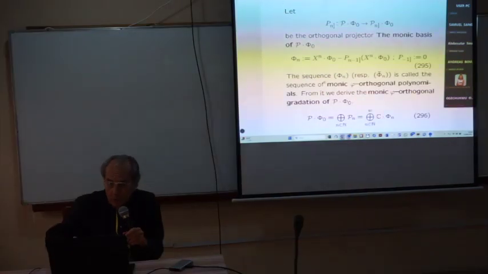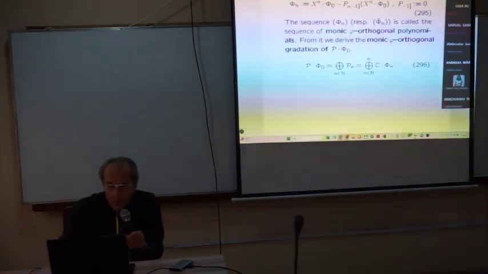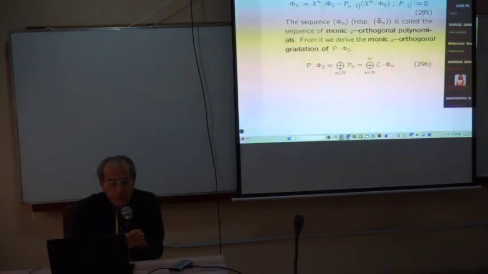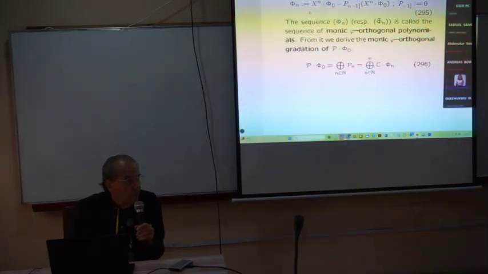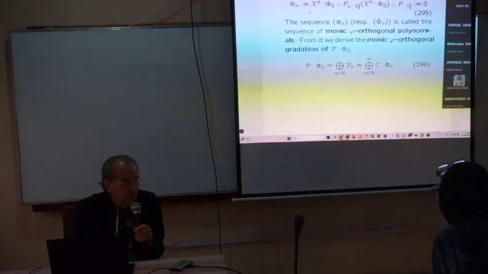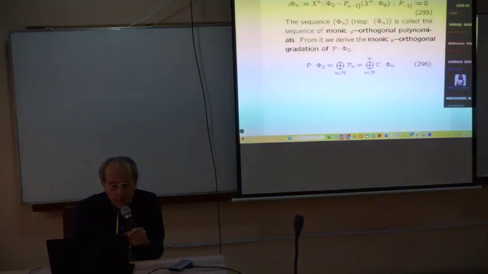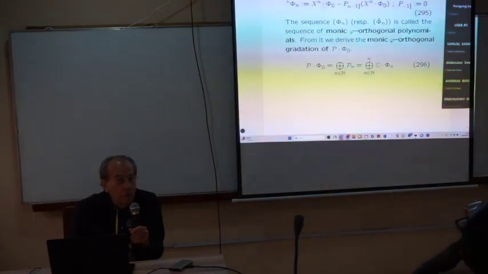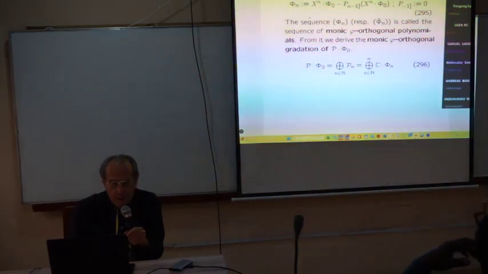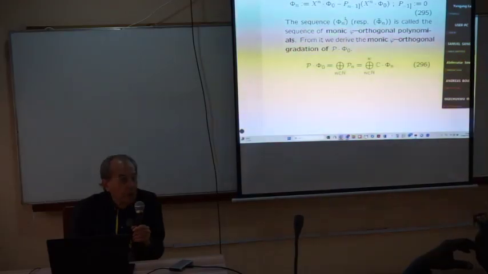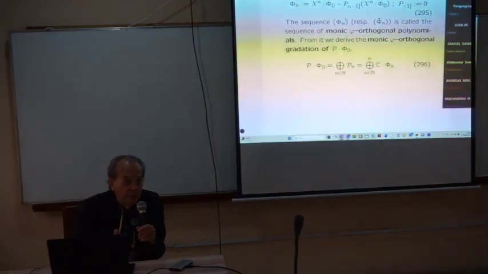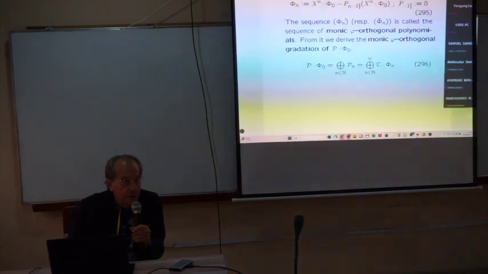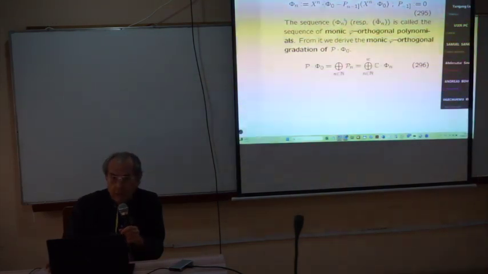So, once we have the sequence Pn, the sequence Pn is called the sequence of orthogonal polynomials associated to the probability measure mu, and we know that to give a probability measure is the same thing as to give a random variable.